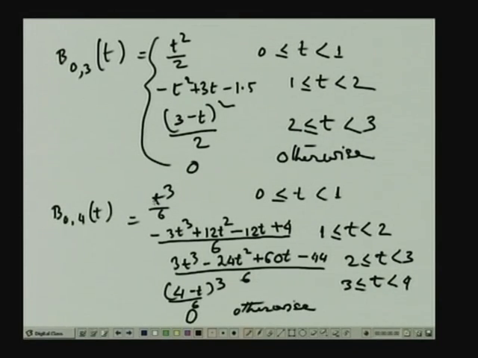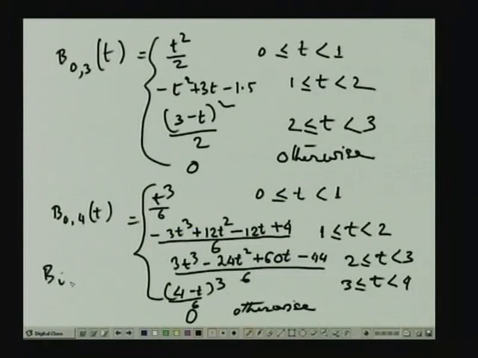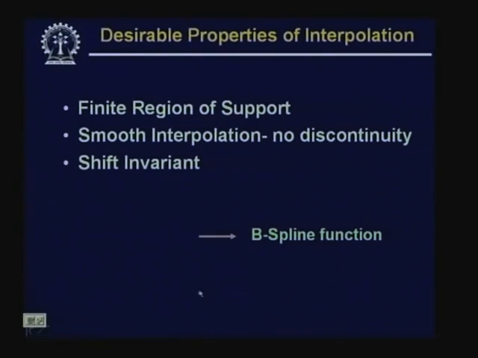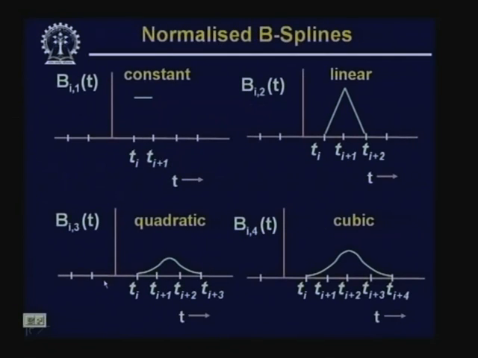So, we can obtain all these values from the definition of the B-spline function that we have defined earlier. Now, whenever I write this b I k, this k is called the order of the B-spline function. Now, after giving these equations, let us try to see what is the nature of these B-spline functions.